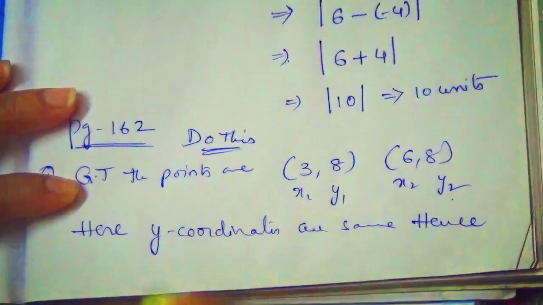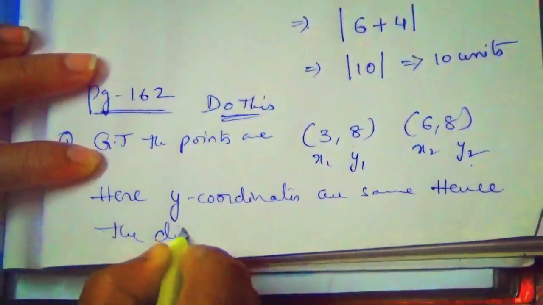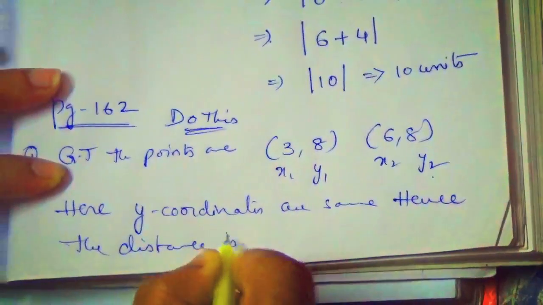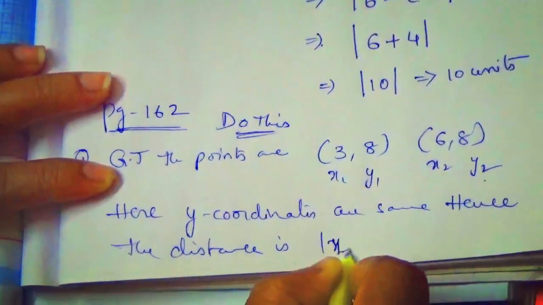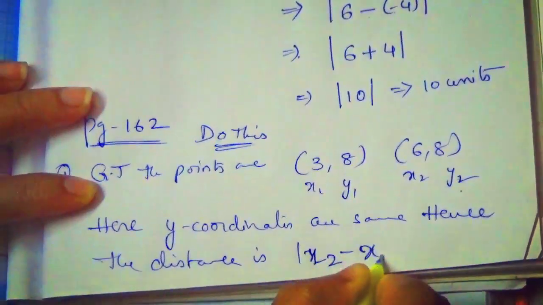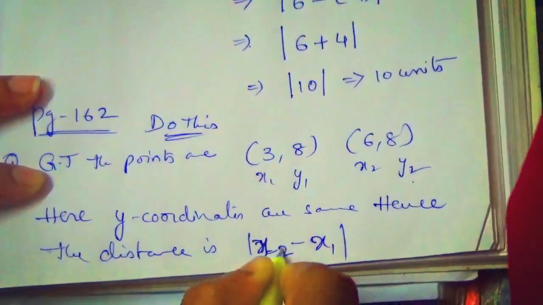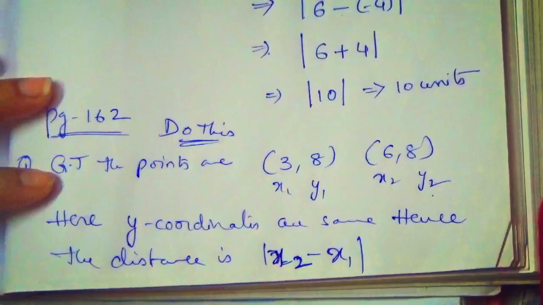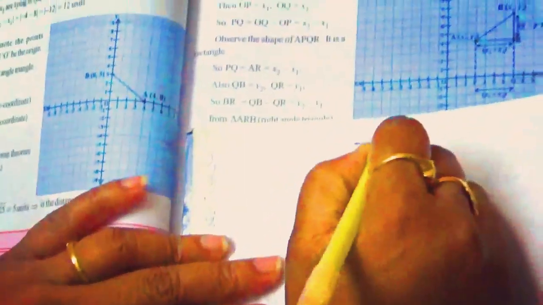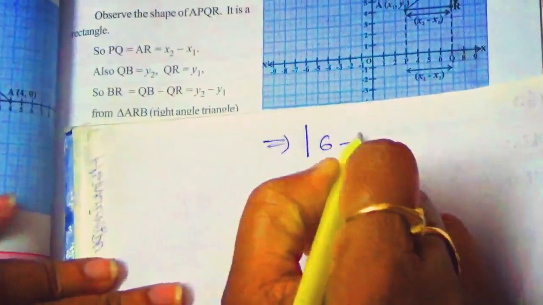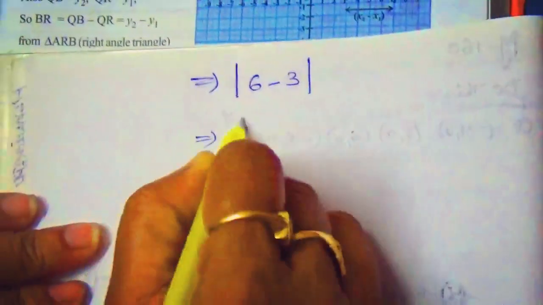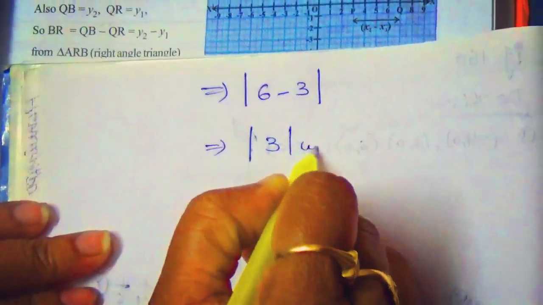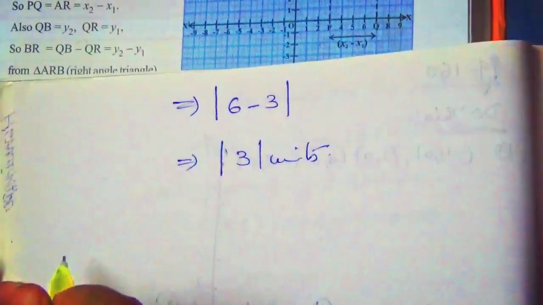Hence the distance formula is the modulus of x2 minus x1. Why? Because the y coordinates are the same. Finally the answer is the modulus of 6 minus 3, which is 3 units. That's it.